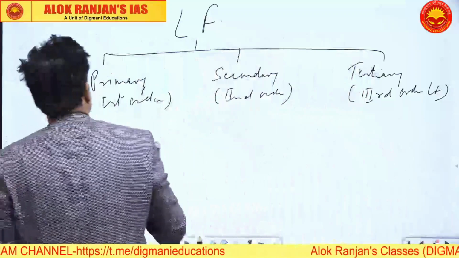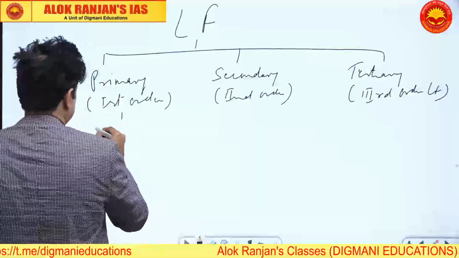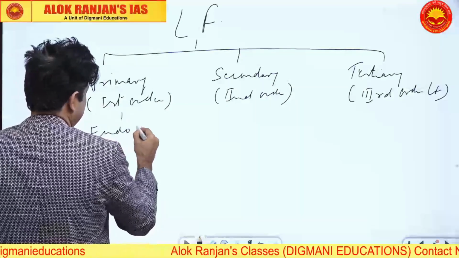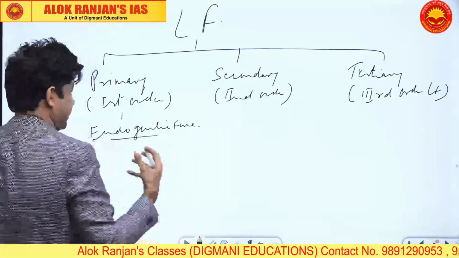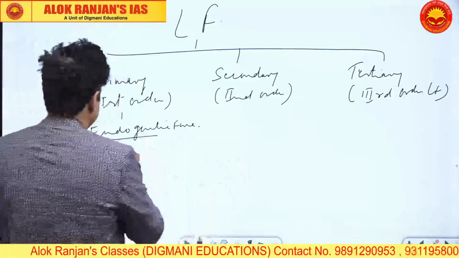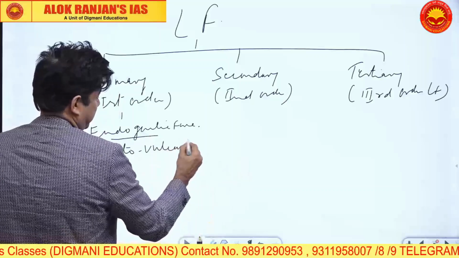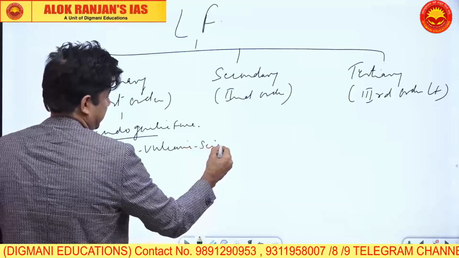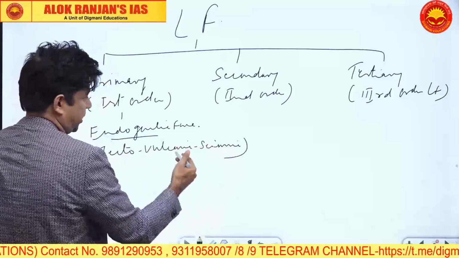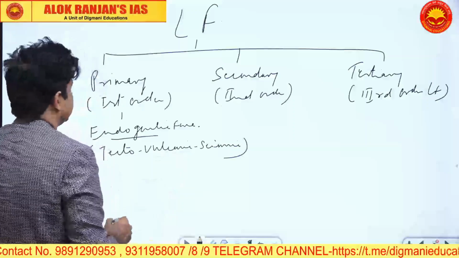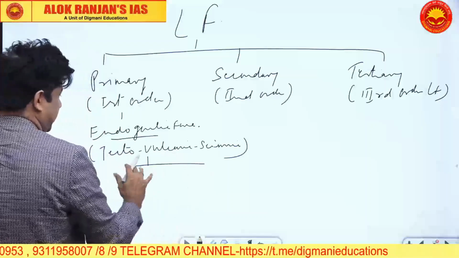Okay, primary, come to primary. Primary, they are product of endogenetic forces. Endogenetic meaning internal forces of the earth. For example, the volcanic seismic processes, or you can write it tecto-volco-seismic processes. They are called endogenetic forces, and there are two.